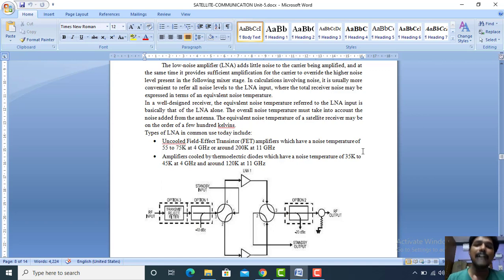In the low noise amplifiers we will have a little bit of noise added to the carrier when it is being amplified, and it will do the same process of providing amplification, which will try to avoid the noise that is present, and it will design the receiver in such a way that the equivalent noise temperature is referred to the low noise amplifier input.